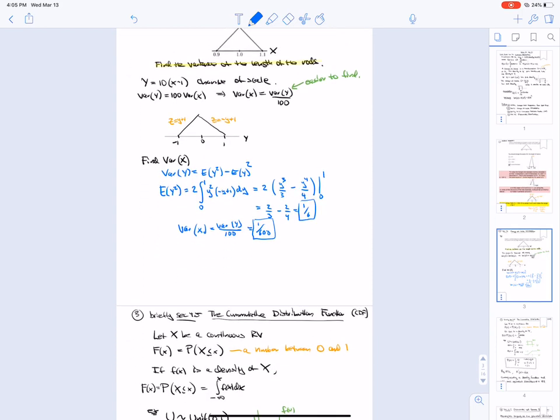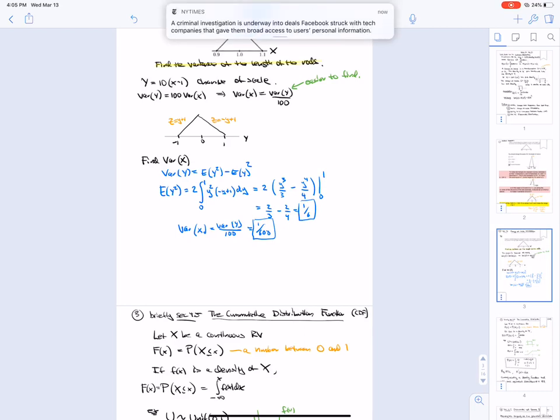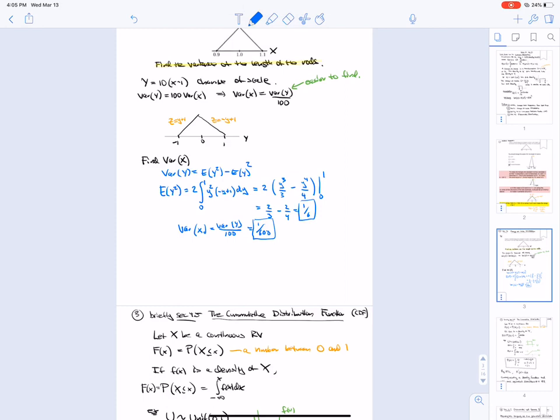So again, y has the distribution shown here, and so the variance of y is expectation of y squared minus expectation of y quantity squared. The expectation of y is 0, since it's centered at 0. So again, that's one reason that it's nice to work with y.